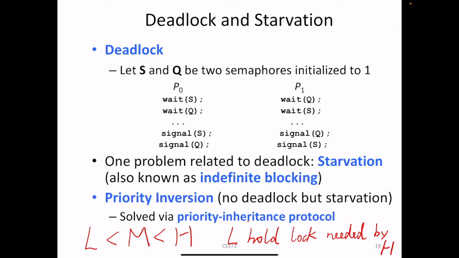It does wait Q first, then wait S, enters the critical section, and then signal Q and signal S.